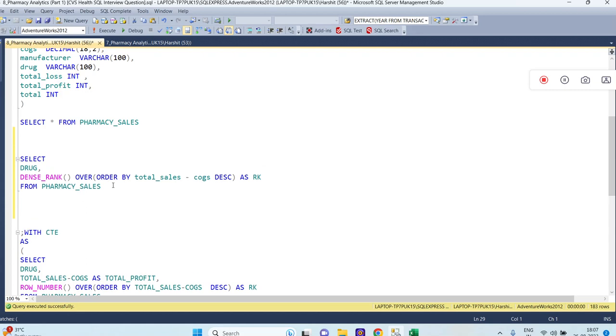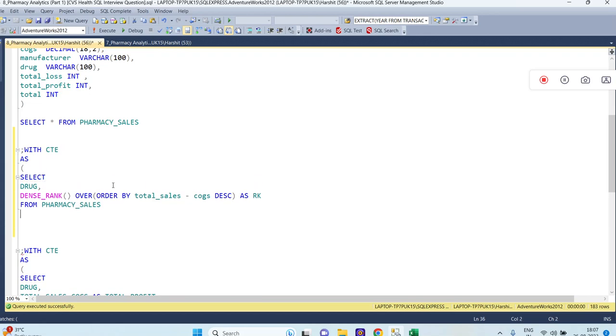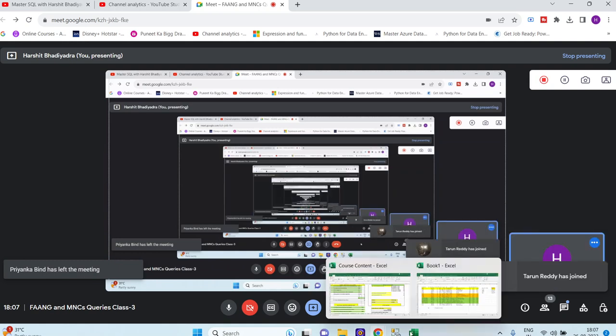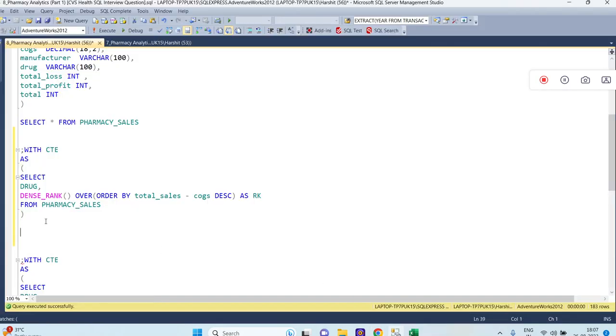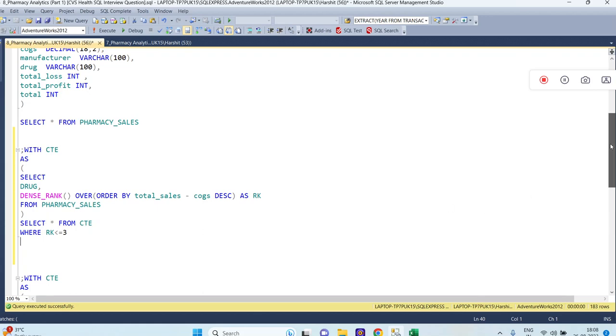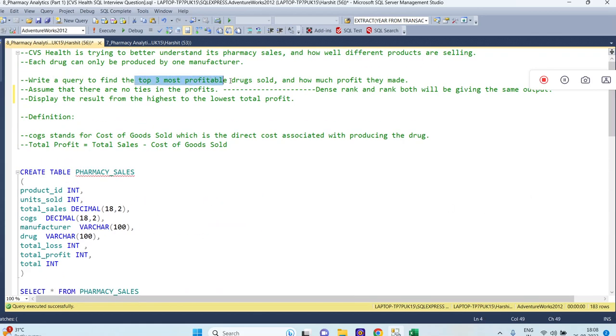Then we can use either a subquery or we can use the CTE. So let me try to use the CTE. Now what is our requirement? We want the top three, right? We want the top three most profitable drugs sold and how much profit they made.